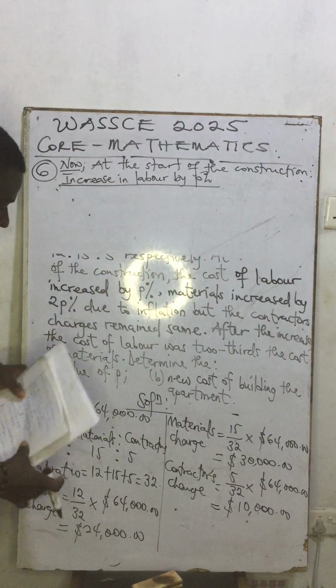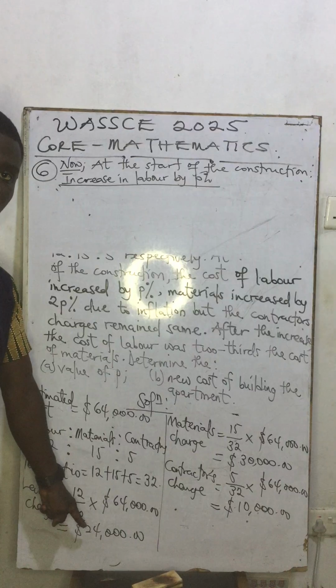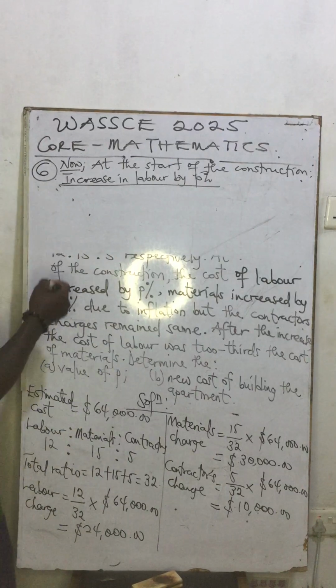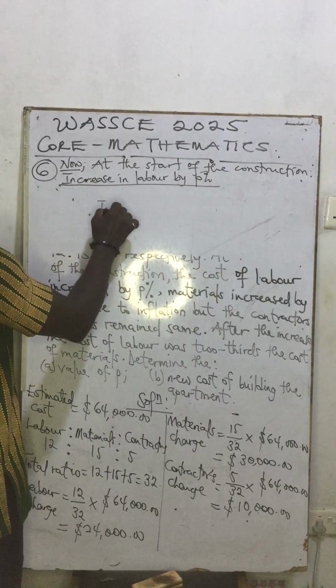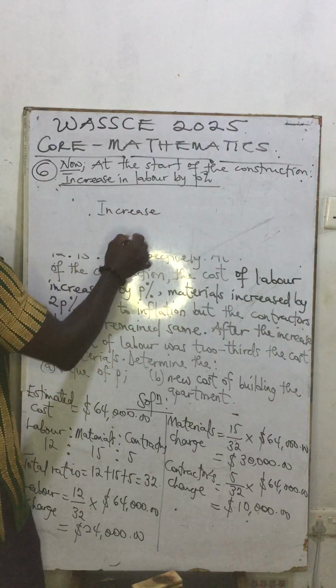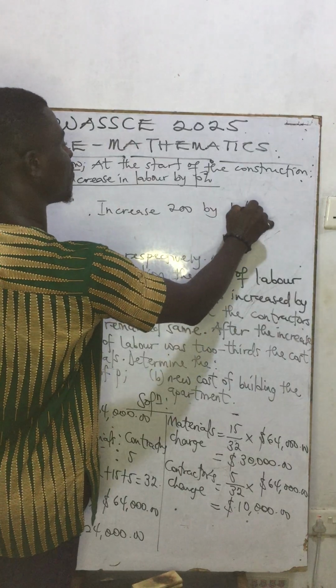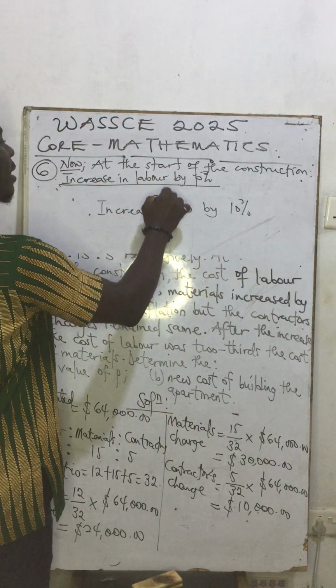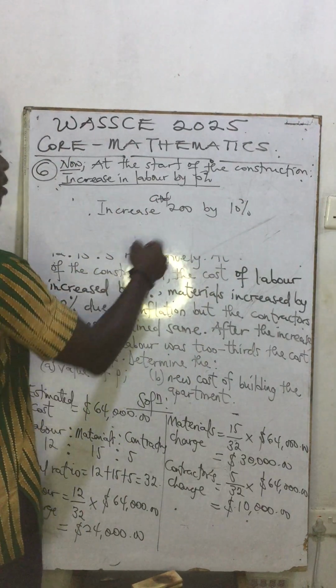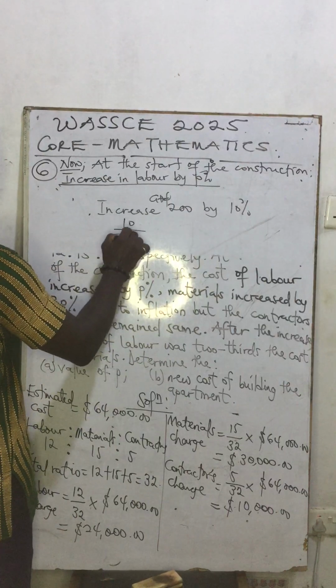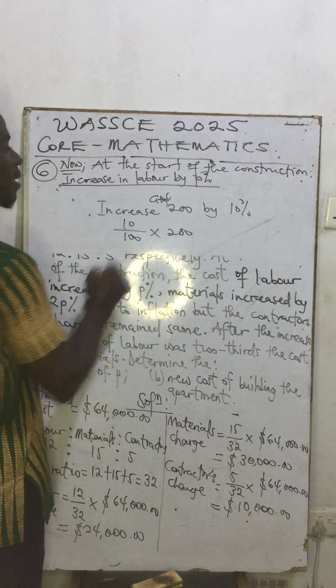When we get that, we add it to 24,000. For example, if I tell you to increase 200 Ghana cedis by 10%, you just find 10 over 100 of the 200 Ghana cedis.